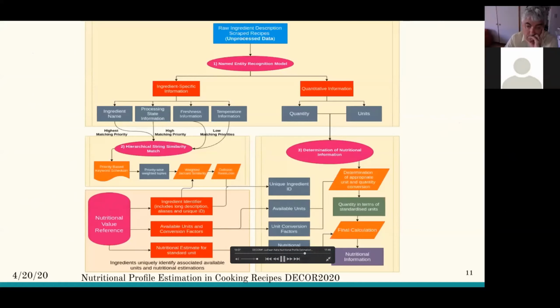Once we got the correct ingredient, we used our quantity and units and their matching to get the correct amount of that ingredient in the recipe, so that we are able to compute it. Then it was a simple matter of manipulating the data present in the nutrition composition table to get the final nutrition information.